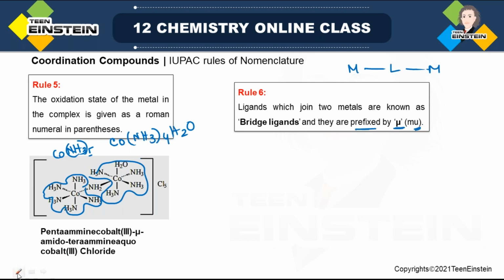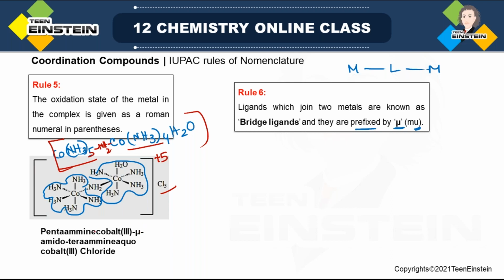And these two are bridged by NH2. So NH2 is common for both parts, and all these are present inside the coordination sphere. Outside you have 5 chloride. That means here the charge is +5, right?